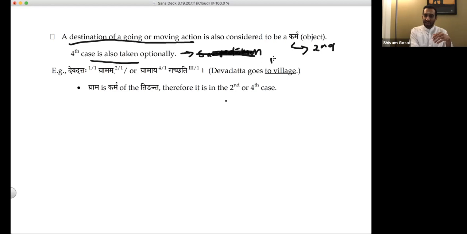Let's call it a non-karaka vibhakti connected to fourth case. So when you see a destination of going or moving, we're going to call it a non-karaka vibhakti connected to fourth case.